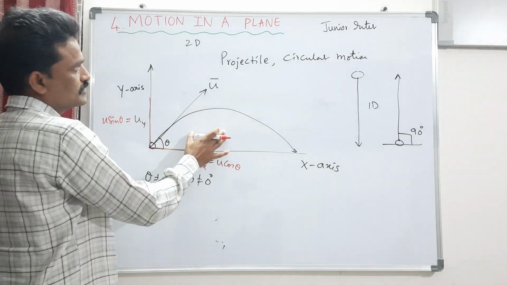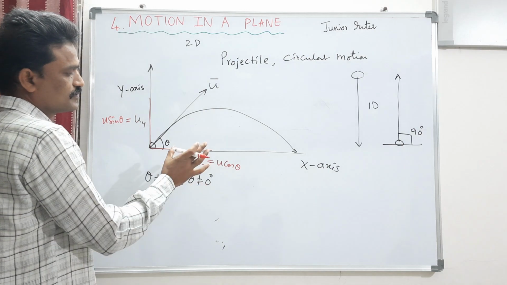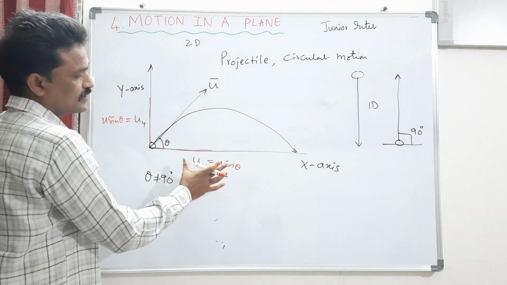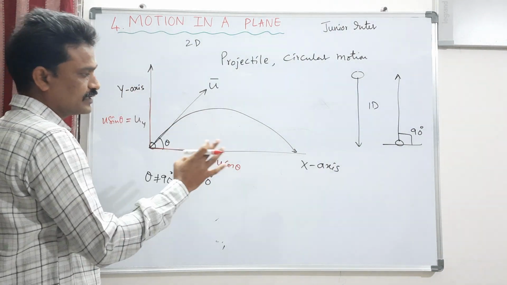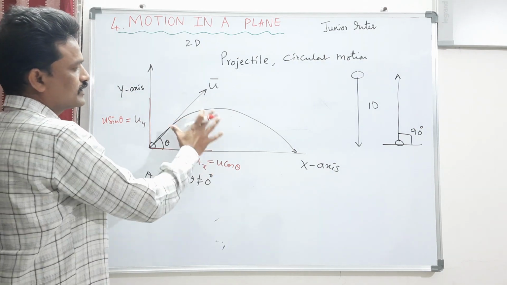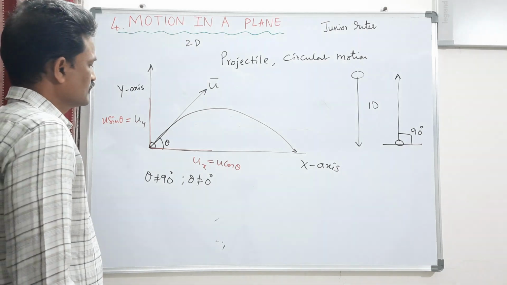So projectile motion or any two-dimensional motion is the superposition of two separate one-dimensional motions. That is, the motion along the x-axis and the motion along the y-axis are independent. If you combine them, you will get a two-dimensional motion. In this case, you will get the projectile motion.